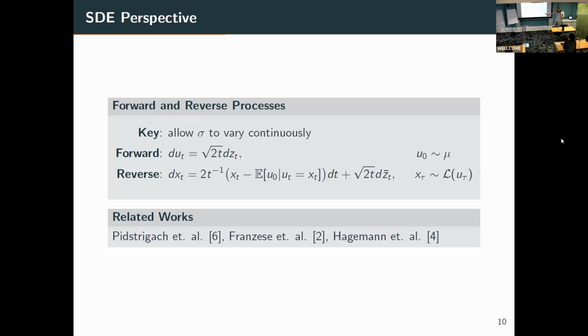In this forward-reverse idea, we just swap that. We take our data and put it at 0, and then we put our Gaussian out at infinity. And then we take sigma to be infinitesimally small. Okay, that's the basic idea.